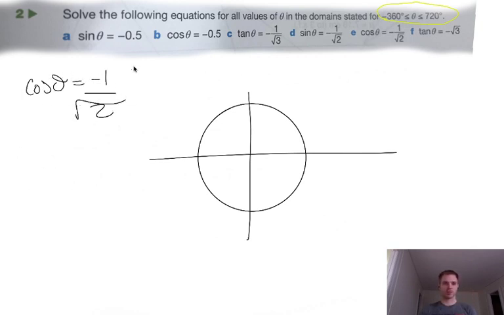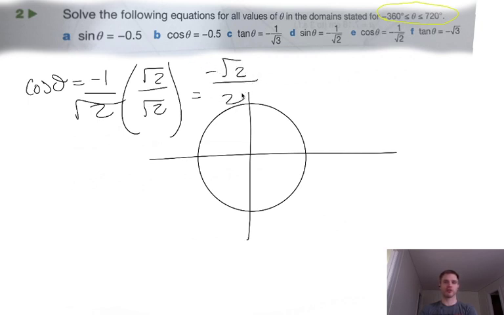Now, same thing as before, we have to rationalize this. It will be easier for you to see what they're talking about because you've learned everything in terms of root 2 over 2. So we have to realize that this is whatever theta gives us cosine of theta equal to negative root 2 over 2.